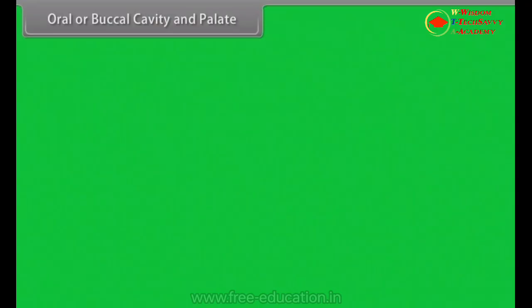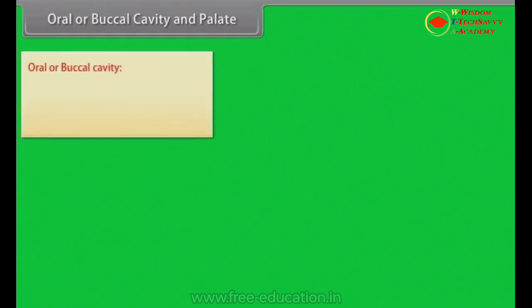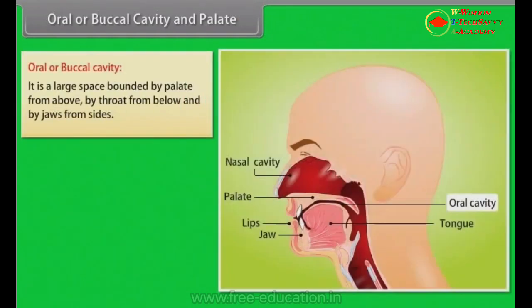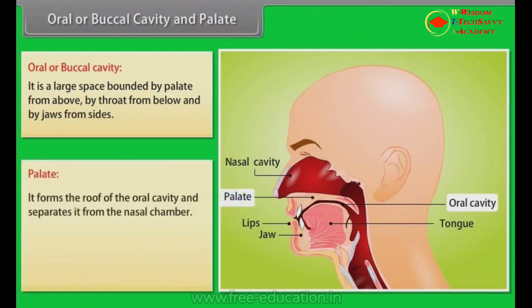Oral or buccal cavity and palate. The oral or buccal cavity is a large space bounded by the palate from above, by the throat from below, and by jaws from the sides. Palate. It forms the roof of the oral cavity and separates it from the nasal chamber. It is divided into two parts, hard palate and soft palate.